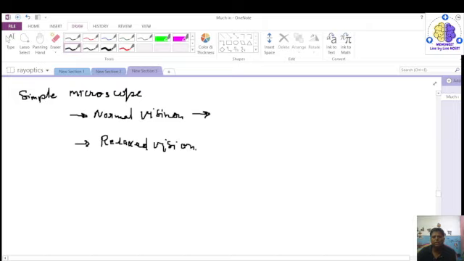Normal vision is the vision for the case when the image is formed at the distance of distinct vision, and the distance of distinct vision is represented by capital D, and for a normal eye it is equal to 25 centimeter, right? Whereas for the case of relaxed vision, the image is supposed to be formed at infinity, right?